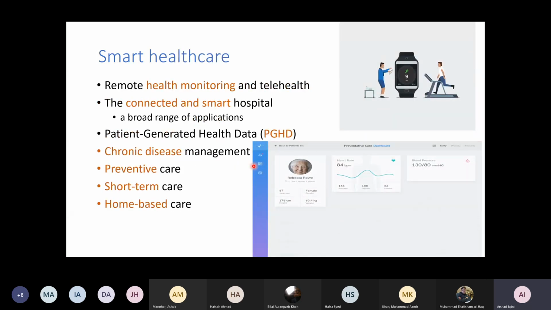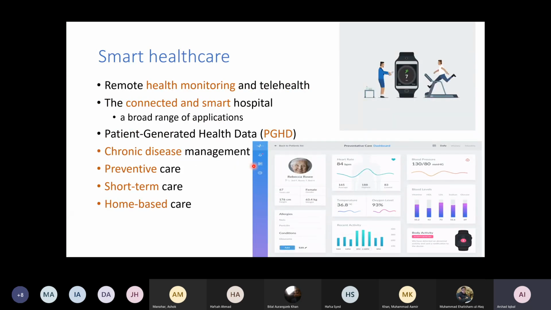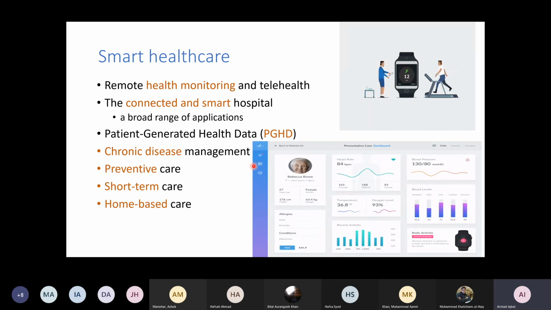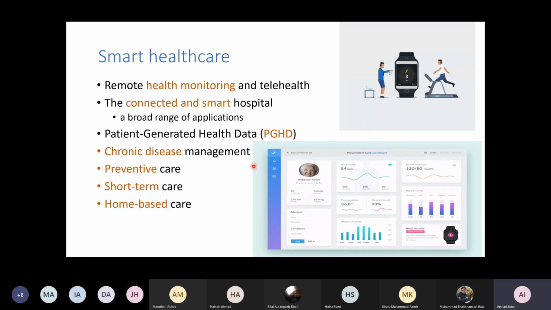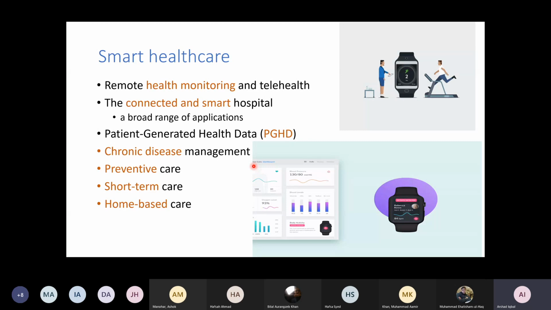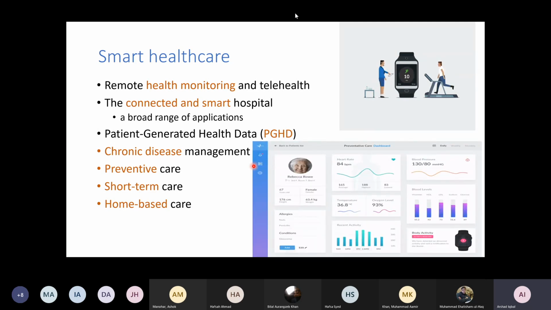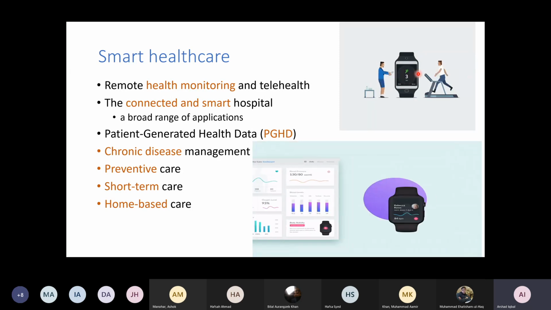Here is another application, smart healthcare. Smart healthcare is to provide remote health monitoring and telehealth, and the aim is to provide a connected and smart hospital, which has a broad range of applications: patient-generated health data, chronic disease management, preventive care, short-term care, and home-based care. If you could see in the graphics, two people are doing some exercise, but the data is being monitored and the information is shared with the user.